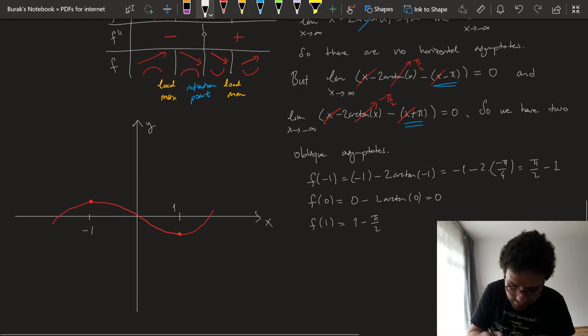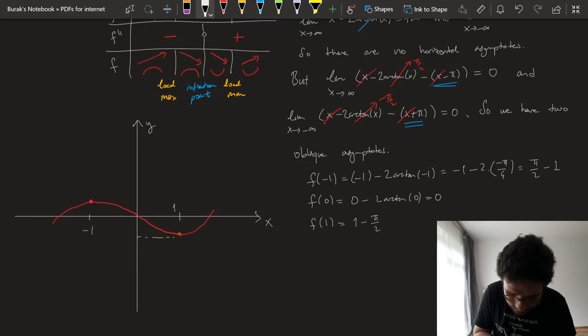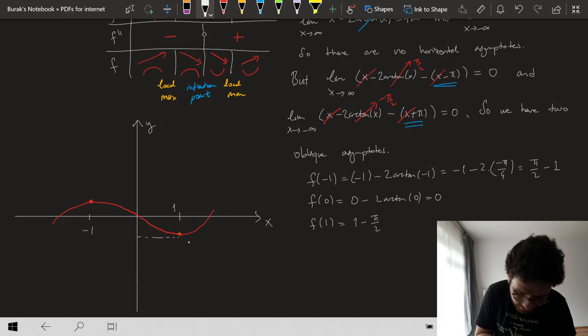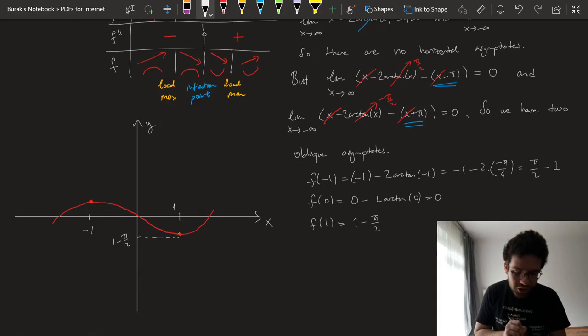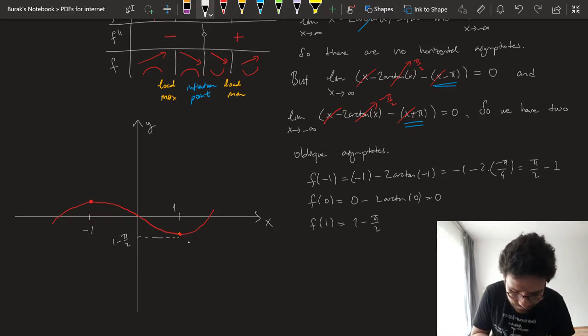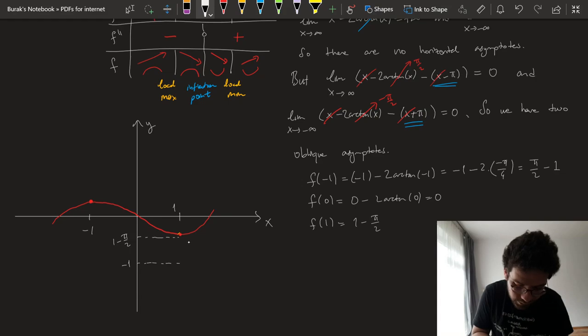You see, this point is 1 minus pi over 2, which is greater than -1, okay? So let's say that this is the point, -1.